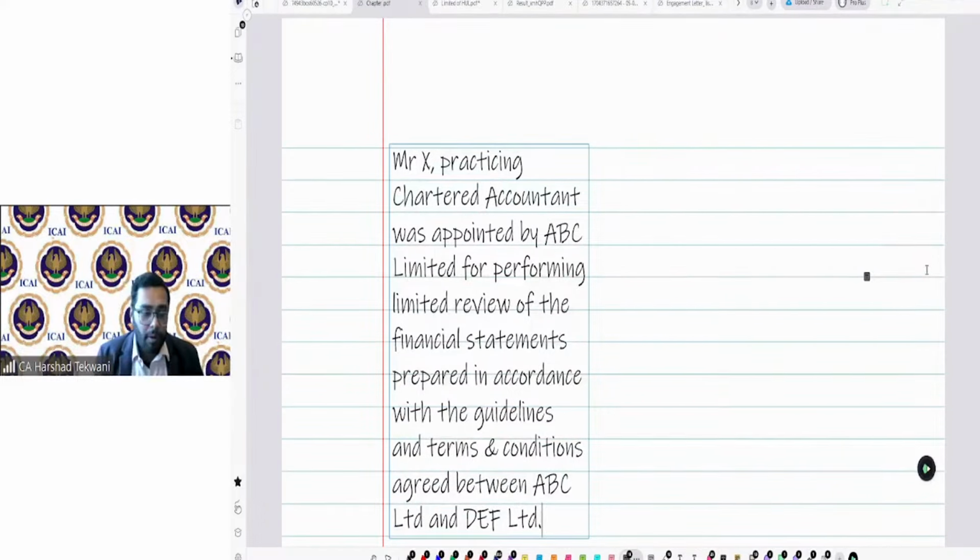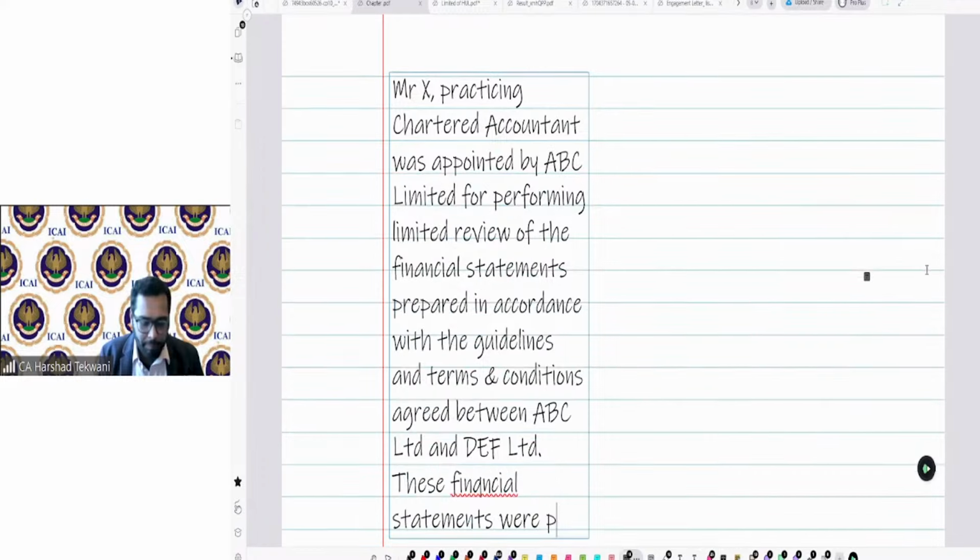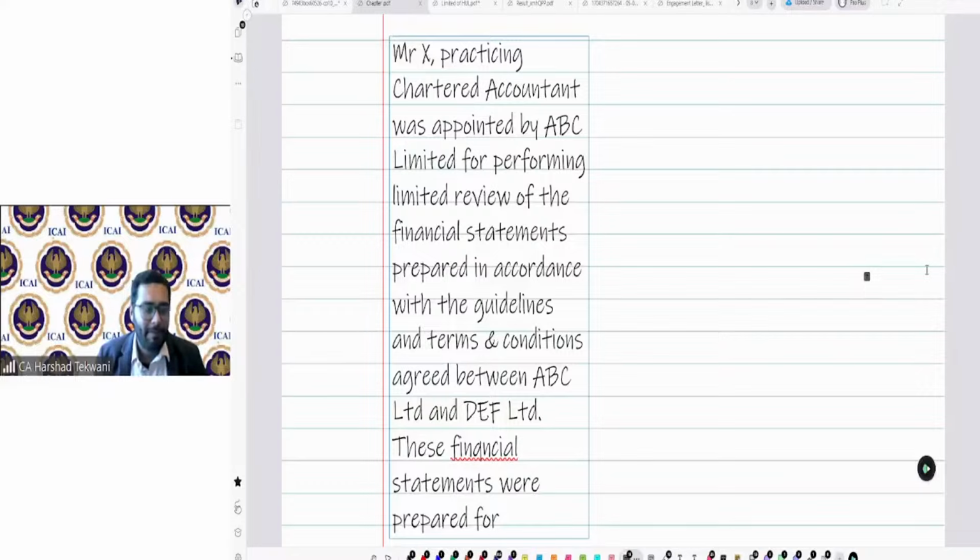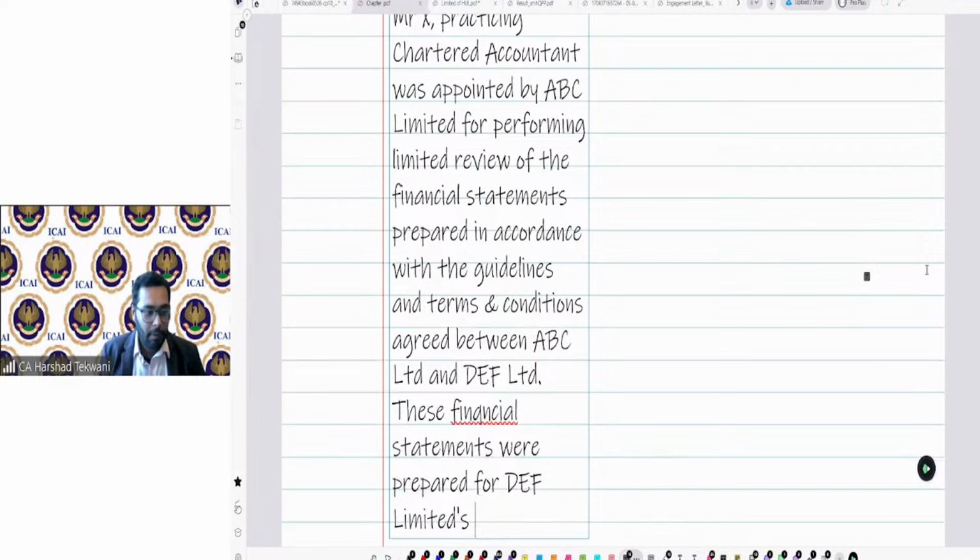So that is a special purpose framework. These financial statements were prepared for DEF Limited.